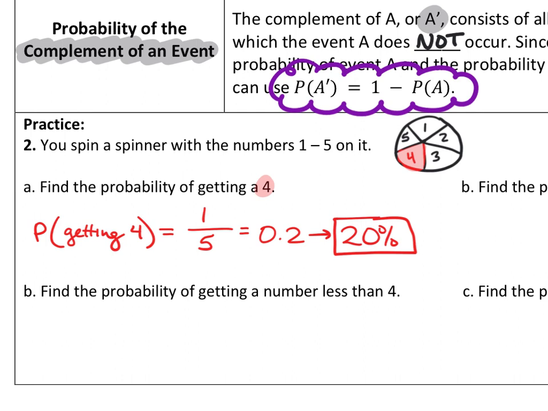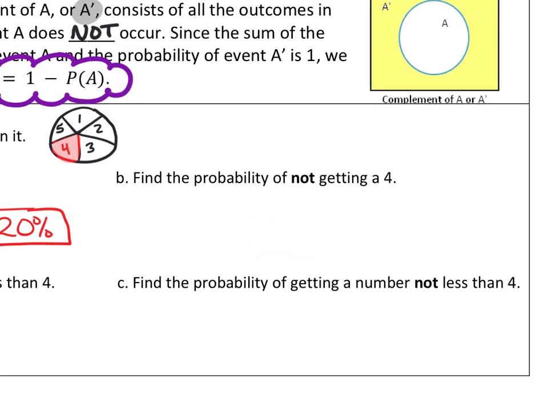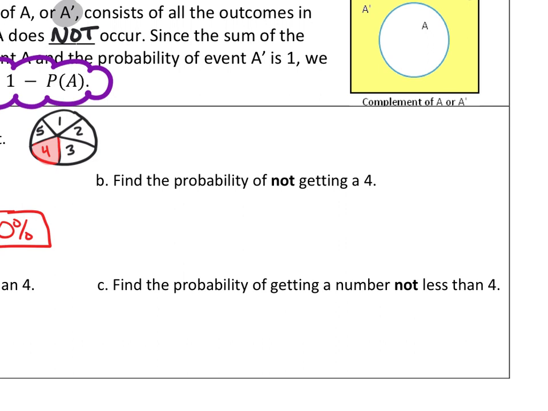Part B goes on to say, okay, yeah, cool, whatever. But what if you had the probability of not getting a 4? Like that's the whammy. That's the you lose all your money thing in Wheel of Fortune, okay? What is the probability of not getting a 4? Well, since we know about complementary probabilities, we would say the probability of not getting a 4 would be equal to 1 minus the probability of getting a 4, which we just found out.